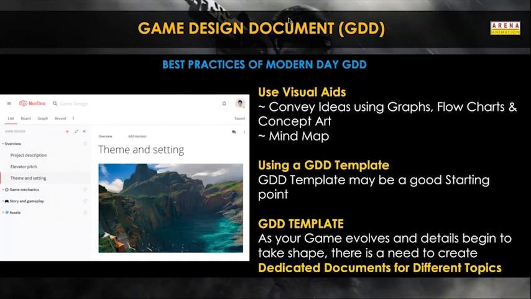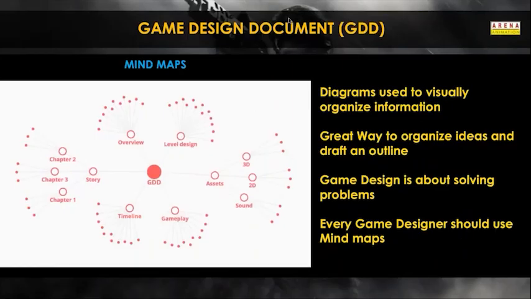Depending on the scope of your game development project, your design document may end up being very brief or fairly long and complex. So your first iteration can be a simple one-page overview. Like I said, make it a simple one-page overview. As your game evolves and details begin to take shape, you may want to create dedicated documents on different topics. So this is the mind map that I was talking about.